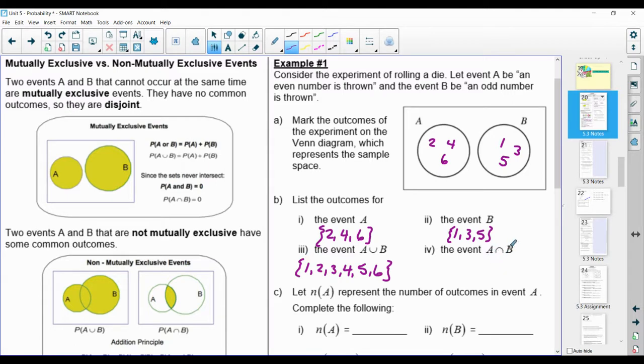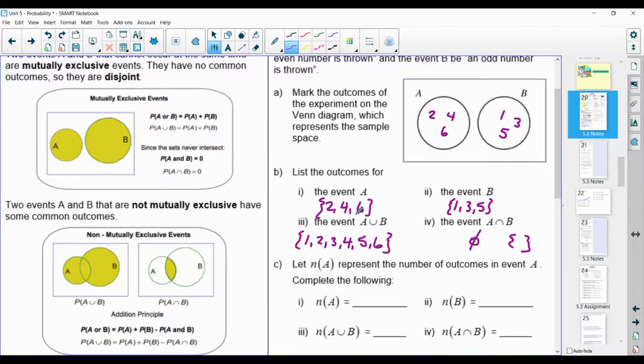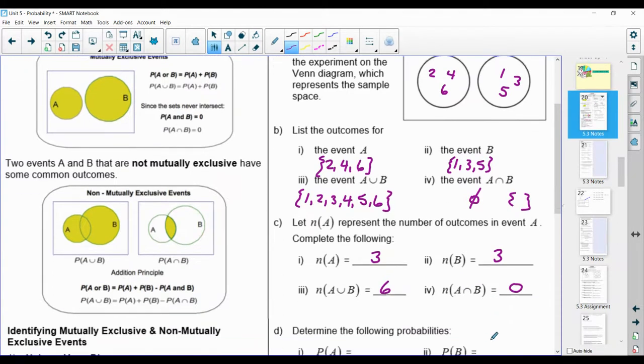And the event A and B, essentially the overlap, is an empty set because there is no overlap. You could also write it this way using empty brackets. Now, if we look at the number of elements in A, there are 3 elements in A. There are 3 elements in event B, and there are 6 elements in A or B, and 0 elements in A and B.